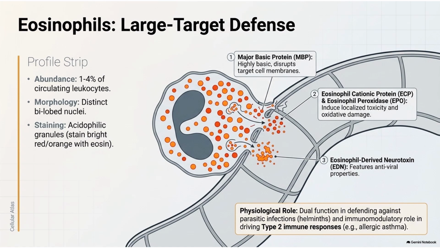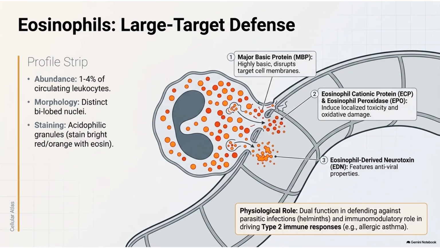Rather than relying primarily on phagocytosis, eosinophils can release these granule contents into the extracellular environment, which becomes particularly useful when confronting targets too large to engulf. This is one reason eosinophils are traditionally associated with defense against multicellular parasites such as helminths.